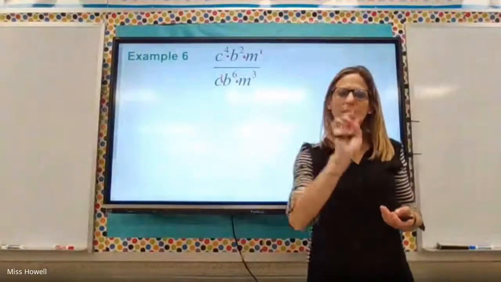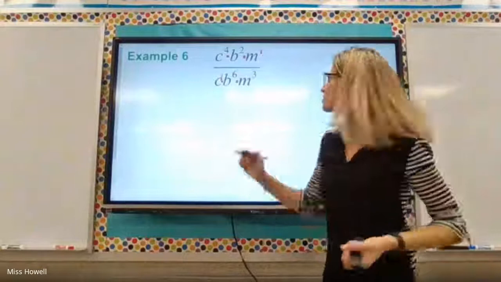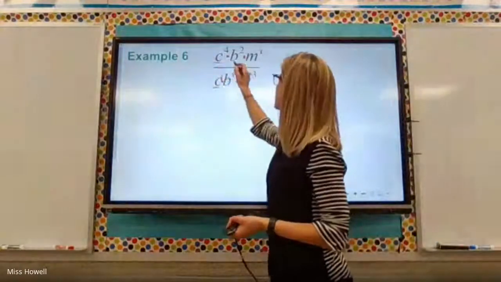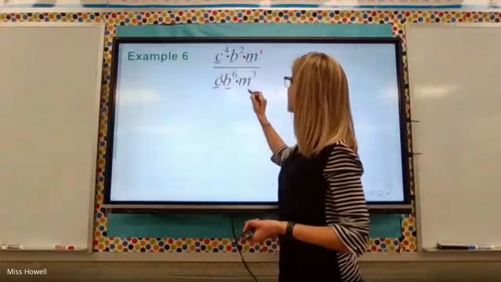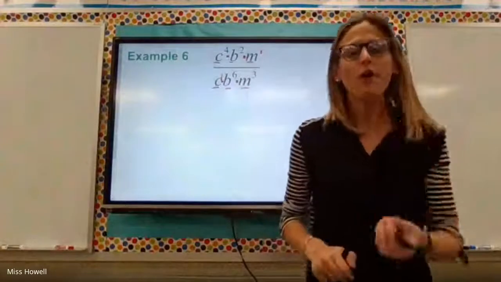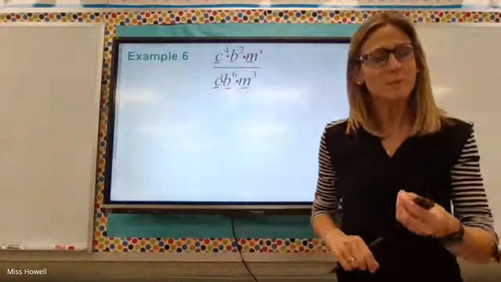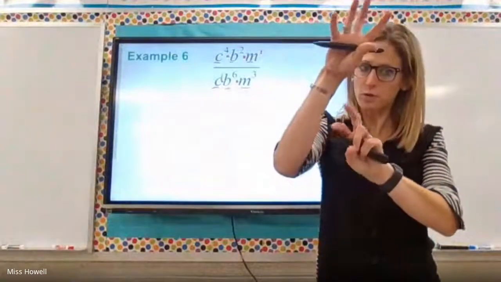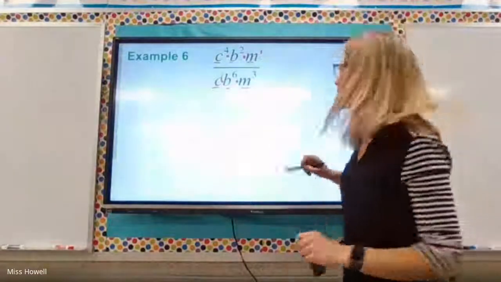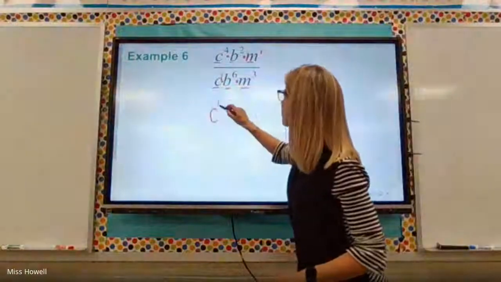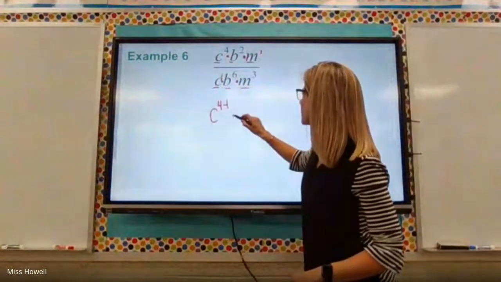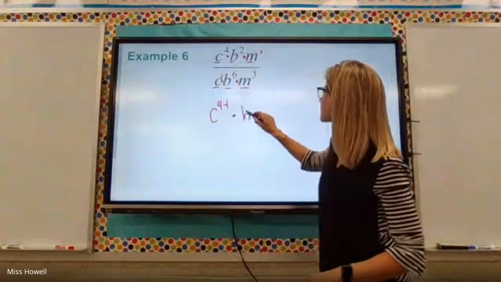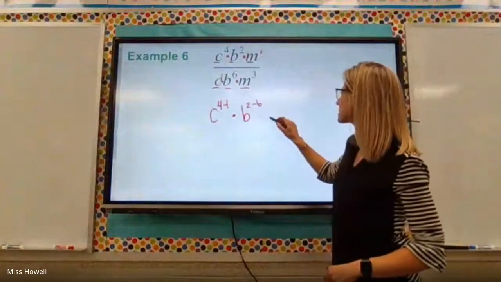Are there matching bases? And I'd say, yeah, there's a whole bunch, right? There's c's that match, there's b's that match, and there are m's that match. And for all 3 of these, I can simplify by subtracting their exponents because they're the same on the top and the bottom of a quotient or a division or a fraction. So I'm going to say I now have c to the 4 minus 1 times, do the same thing with your b's, top minus bottom, so 2 minus 6.